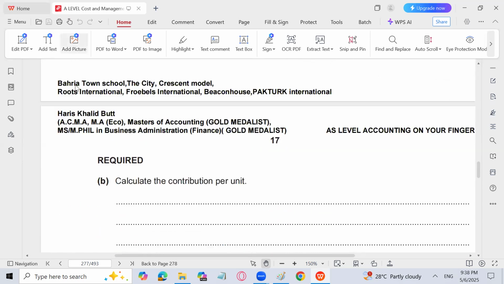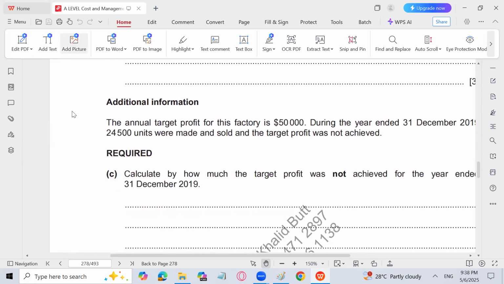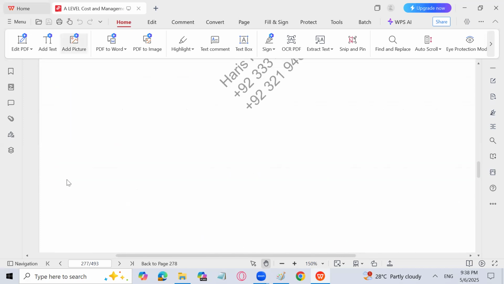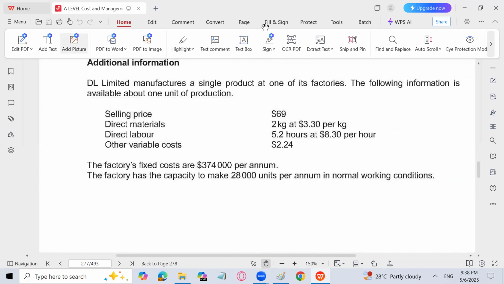Let's move forward. Calculate the contribution per unit. That is selling price minus variable cost per unit. Selling price is 69 minus 2 into 3.3, 6.6 direct material. And what is the amount of direct labor per unit? 5.2 into 8.3, that is 43.16.